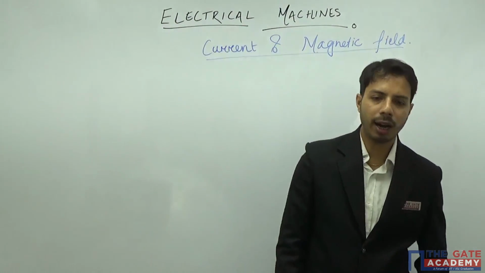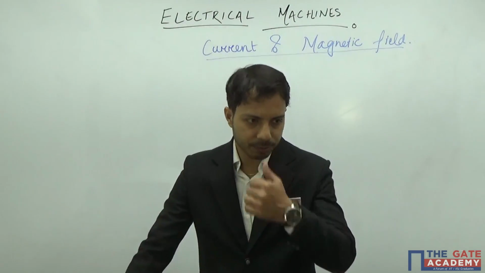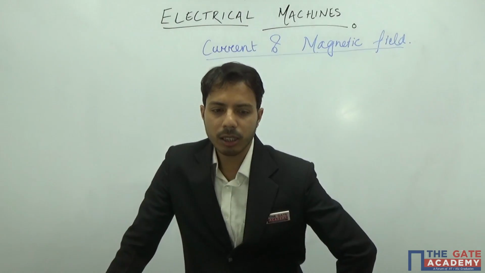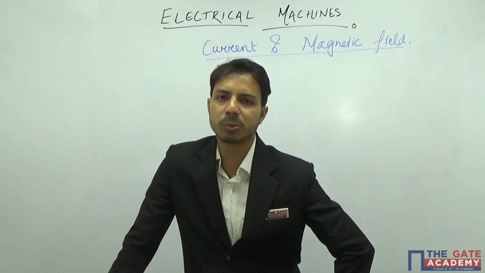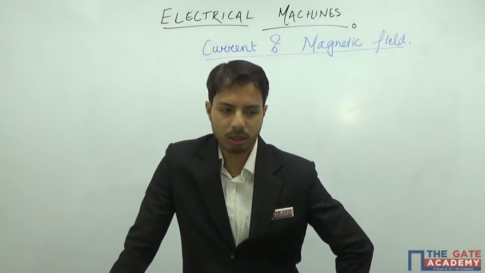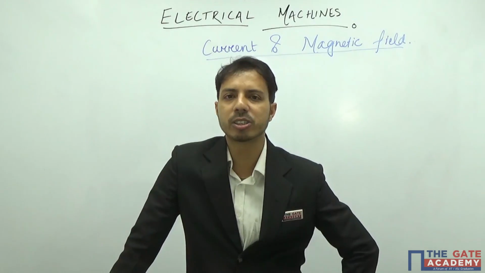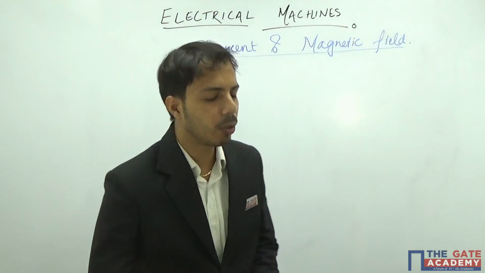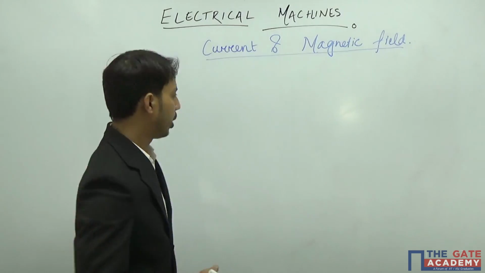After Hans Ørsted in 1819 gave this statement, many scientists started experimenting on it. There is one more scientist whose name is Faraday. What he started experimenting on was whether the reverse is true or not.